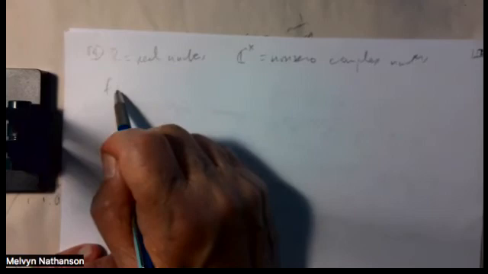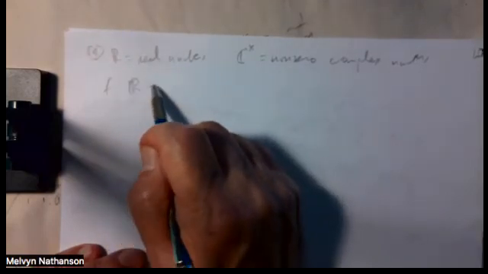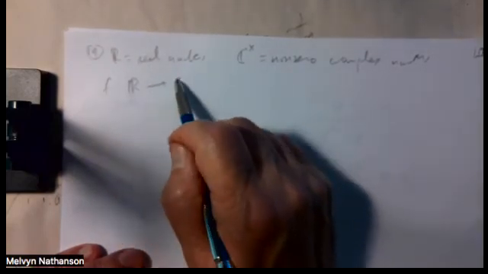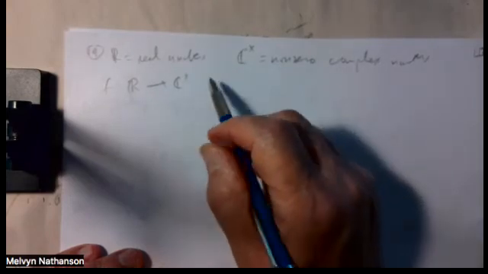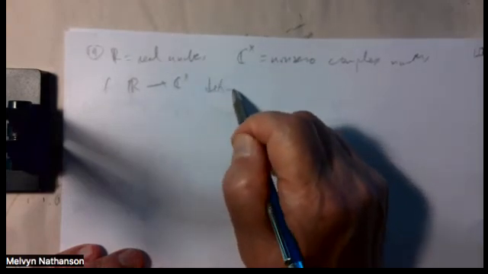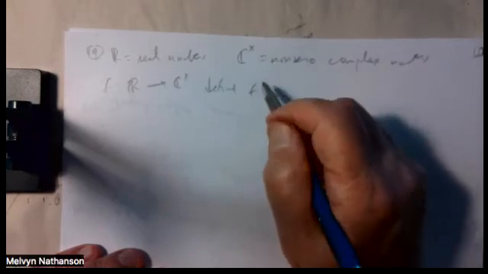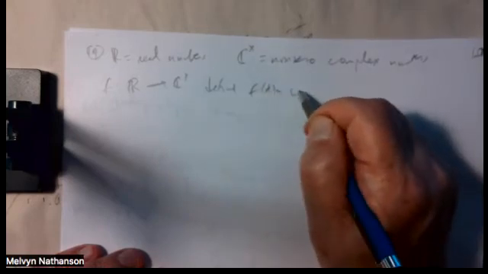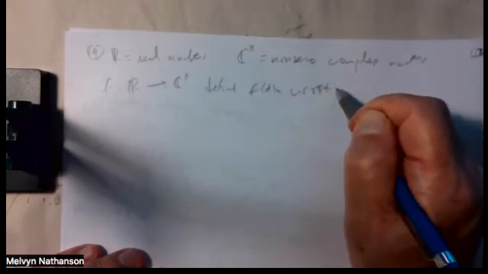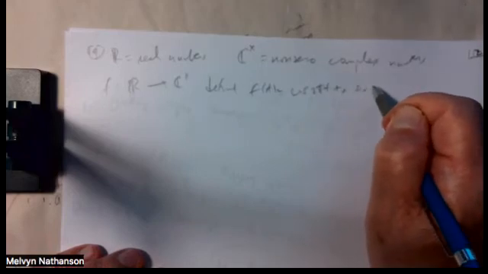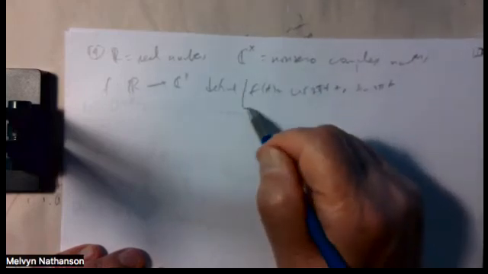And we have a function f from R to C, defined by f of the real number t is cosine 2 pi t plus i sine 2 pi t. So we want to show this is a homomorphism of the additive group of real numbers.